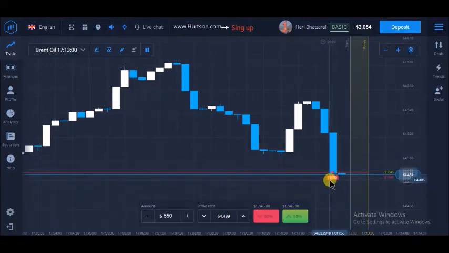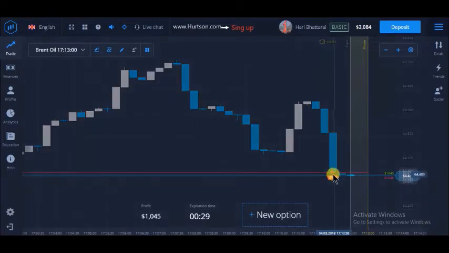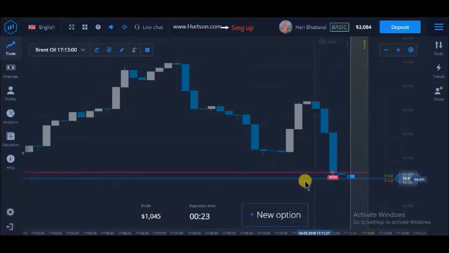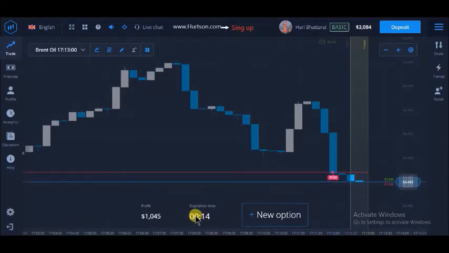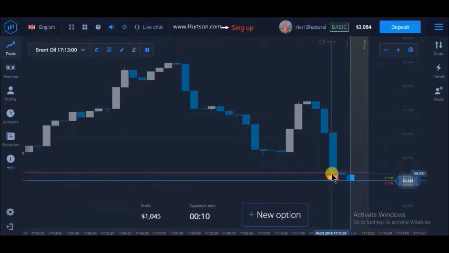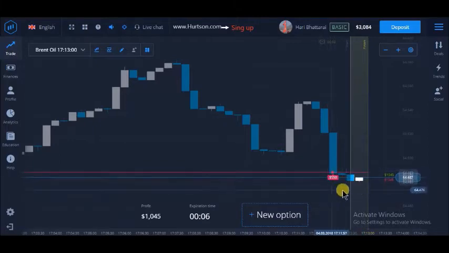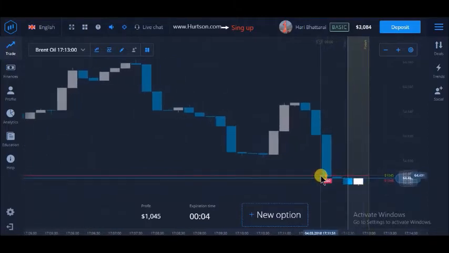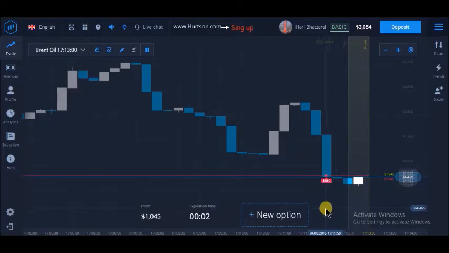That means the market should go down from this level for the next 30 seconds to win my trade. You can see that time is decreasing, and this is the expiration time. If this time finishes and the market is still closing lower than this purchase area, then I should win this trade.